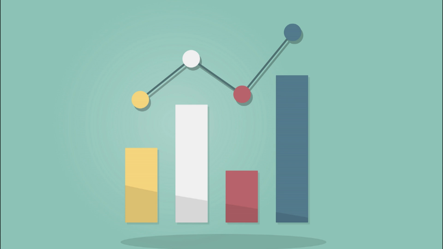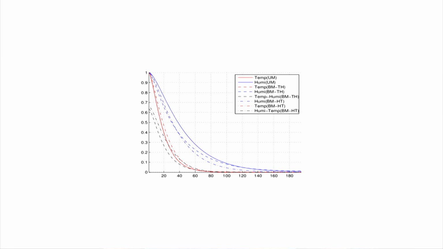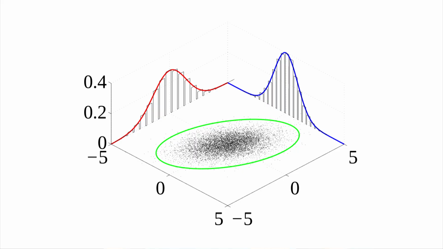Another example of continuous bivariate random variables includes the height and weight of individuals or the temperature and humidity of a given region. In these cases, the probability of a particular combination of values for the two variables can be calculated using a joint probability density function.